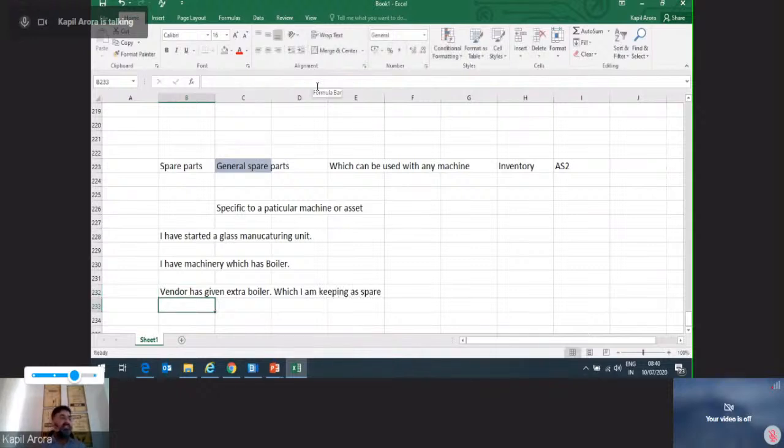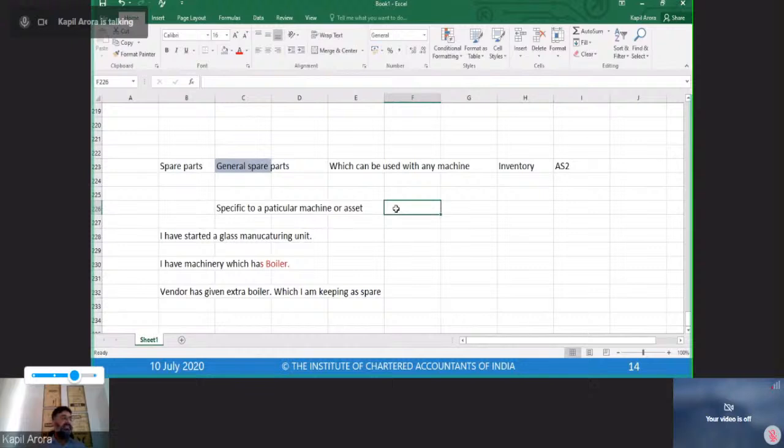Why spare? Because in case anything goes wrong with the first boiler, at least I can replace it with the spare boiler and I can use that.